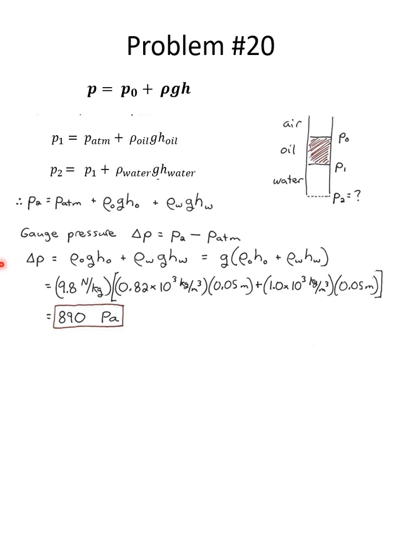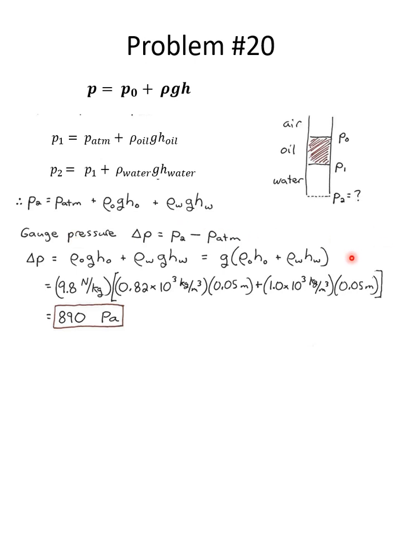So the gauge pressure, which I've denoted as delta P, is what you see up here, P2, but minus the atmospheric pressure. So it's going to be rho oil g h oil plus rho water g h water. We can factor out the g, as I've done over here. And now let's plug in the values.